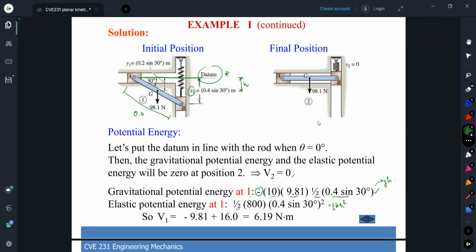And the elastic potential energy is one half k s1 squared, which is always positive. With the spring constant and the stretched length equal to 0.4 sine 30 degrees, squared, we can find that the potential energy at the first position is equal to 6.19 Newton meter.